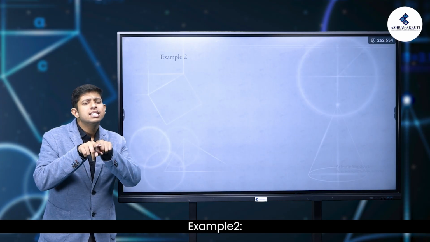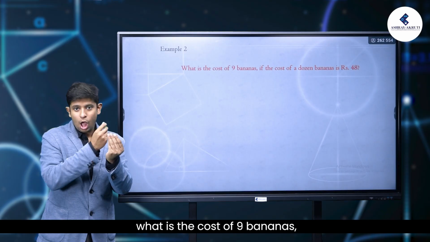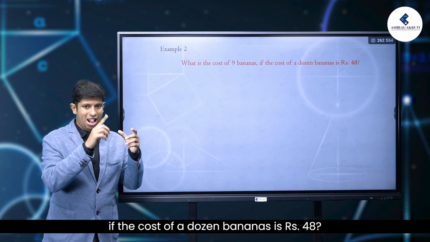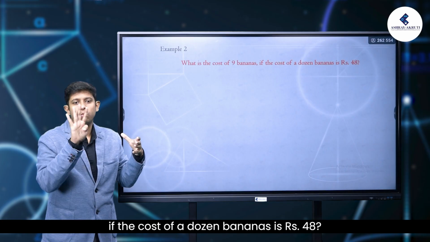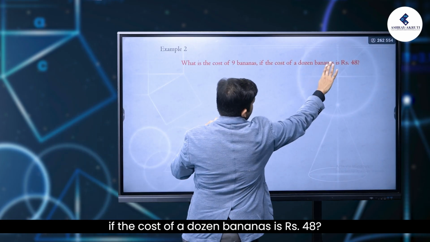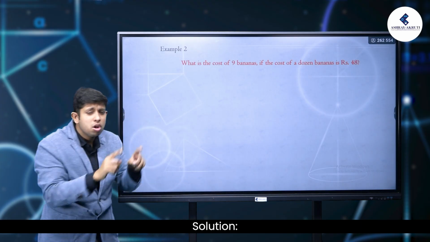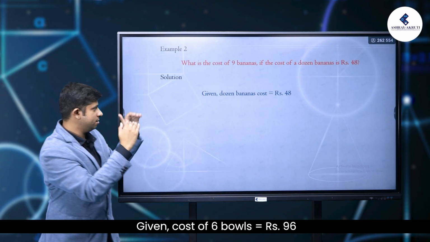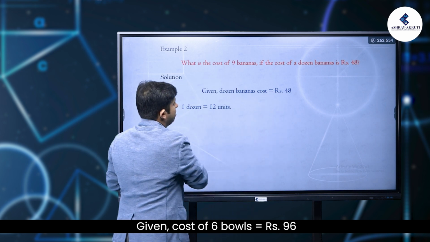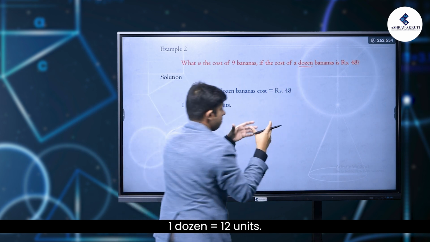Example 2. What is the cost of 9 bananas if the cost of a dozen bananas is Rs 48? Solution. Given a dozen bananas cost is equal to Rs 48. 1 dozen is equal to 12 units.